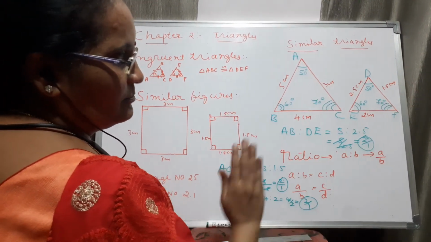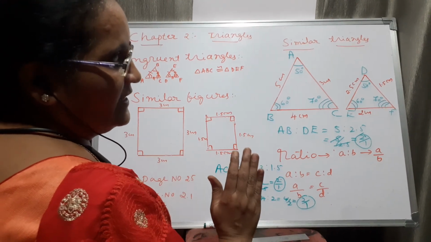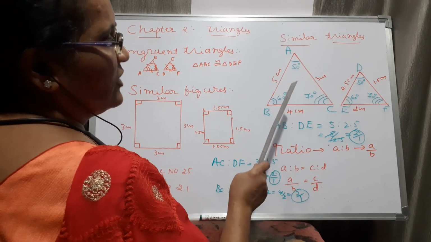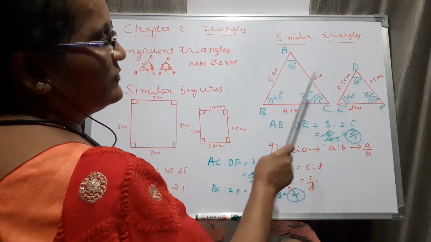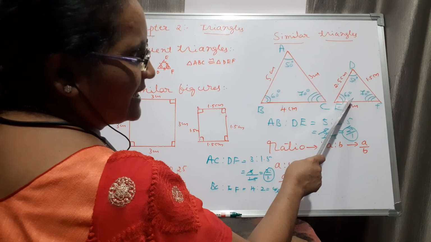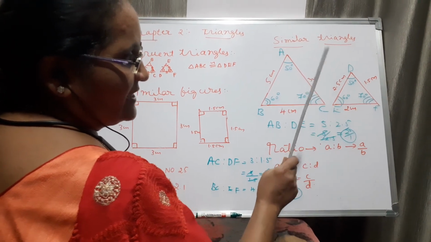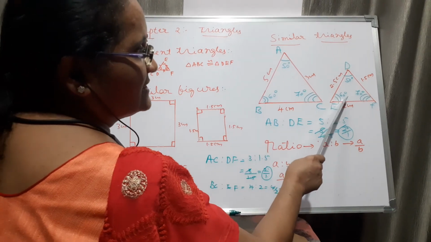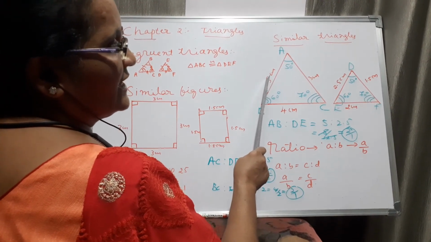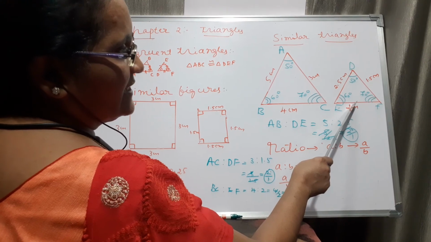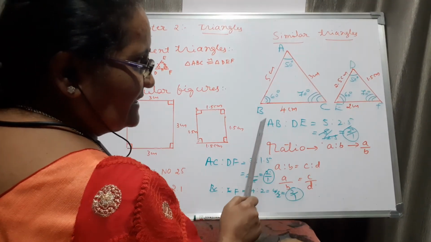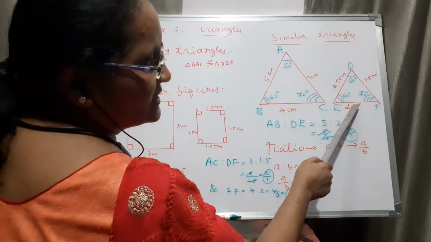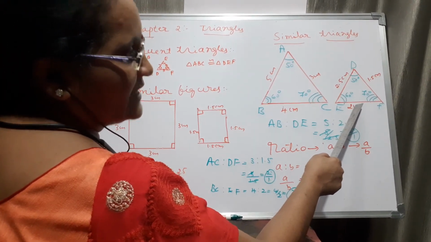Now listen properly. In two triangles, the first condition is that angles of one triangle are equal to the corresponding angles of another triangle. The second condition is that sides of one triangle are proportional to the corresponding sides of the other triangle.